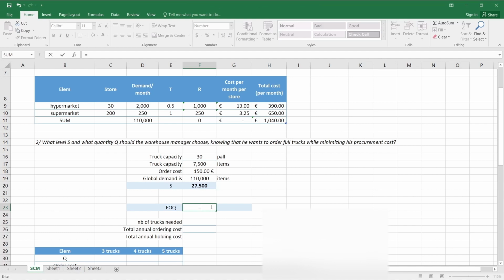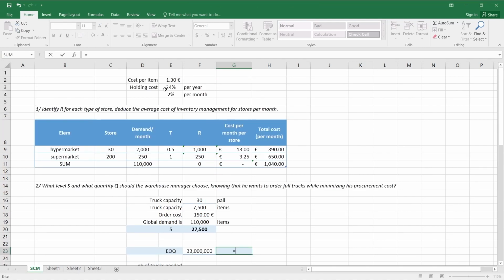So here we are going to put 2 times the monthly demand, which is 110,000 items, times 150, which is our ordering costs. And for the second part, we simply put our holding costs, which is 1.3 times our monthly holding cost, which is 2%.